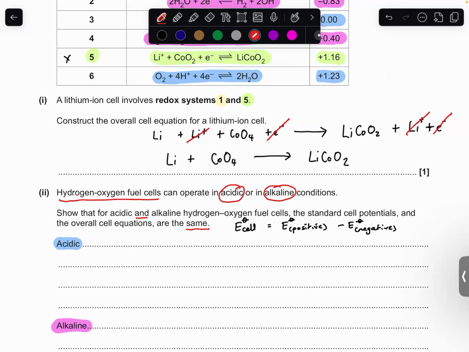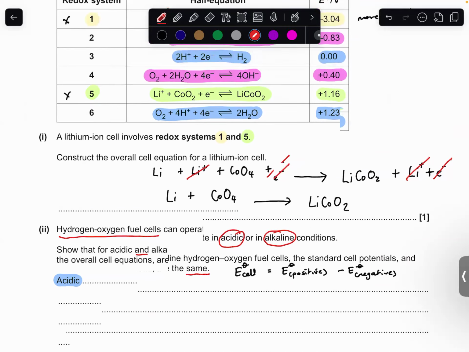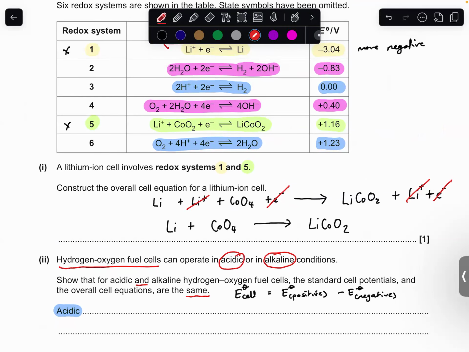For acidic hydrogen oxygen fuel cells, I've highlighted which ones apply to the acidic. If you look at these two highlighted blue, you'll notice that you've got hydrogen reacting with oxygen under acidic conditions. That's why we're going to use redox systems 3 and 4.